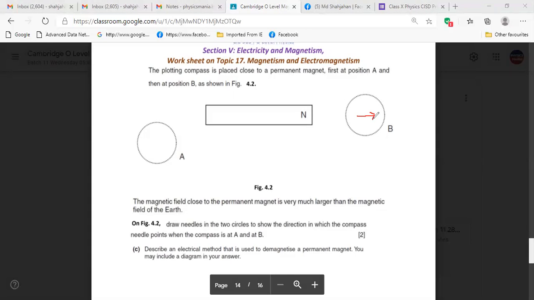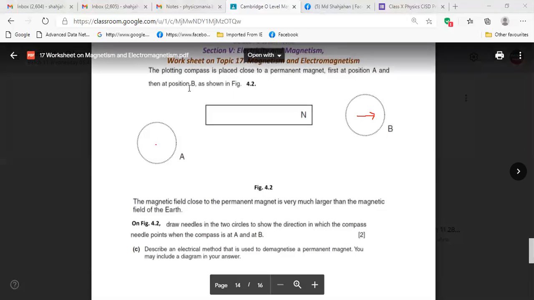This way you give the arrow, and here it will be like this. Okay, like this, because the magnetic fields here are going like this. Okay, got it? Yes, sir.